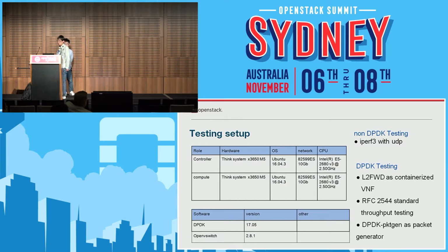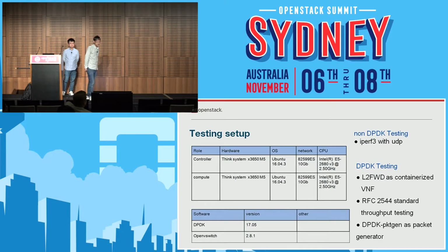For the non-DPDK testing, we use iperf3 with different packet sizes to see the performance. And for the DPDK application, we use L2 forward, which is a simple example application in DPDK, as the simple VNF in containers.